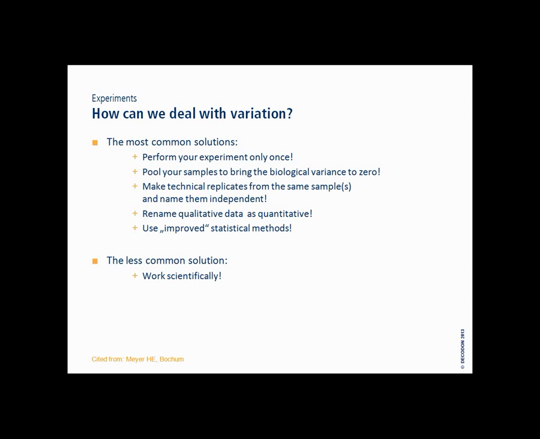Just pool all your different samples together in one sample and just analyze this one. Or make technical replicates from the sample and call them independent. Just define them as being independent. Rename qualitative data as quantitative, or use improved statistical methods which bring what you want to see.